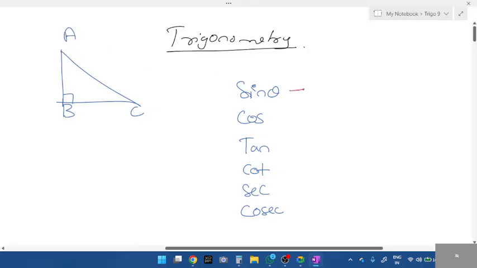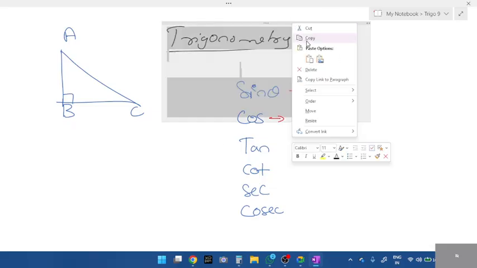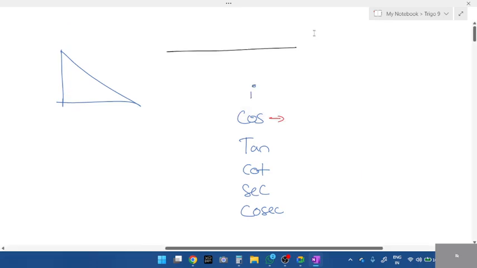For sine, what's the formula? Perpendicular by hypotenuse. For cos, base by hypotenuse.